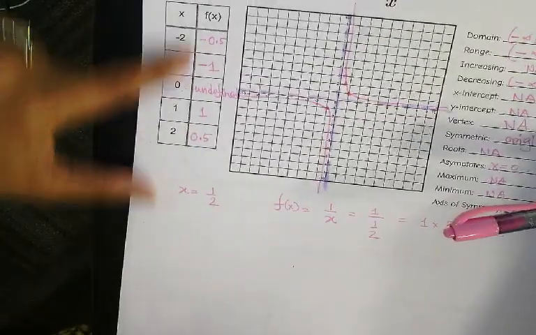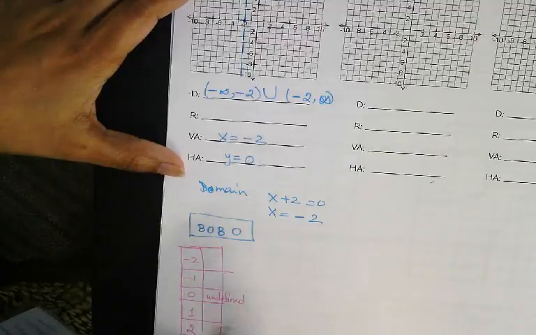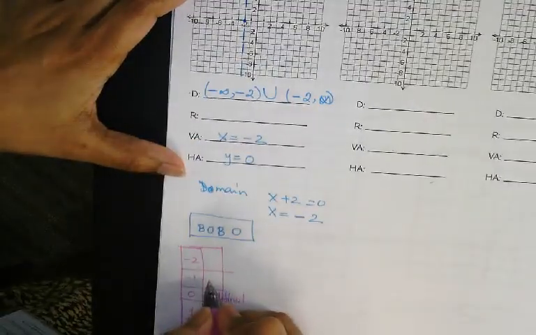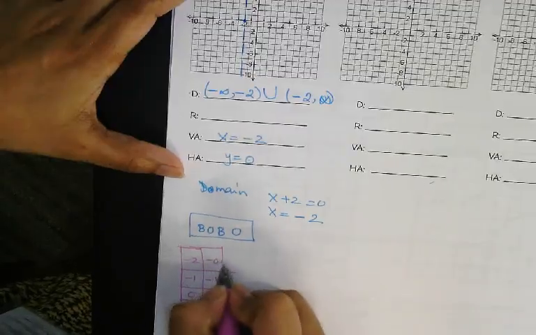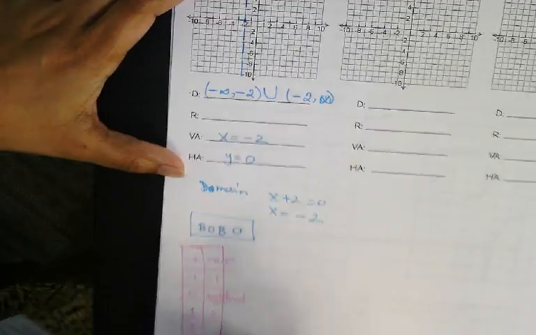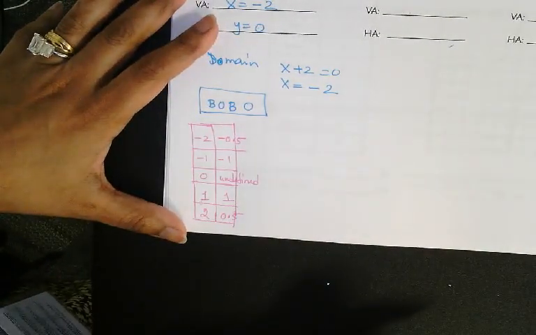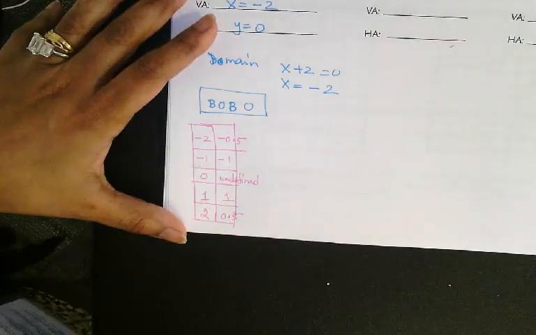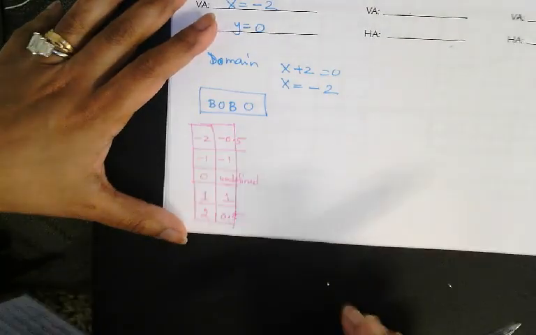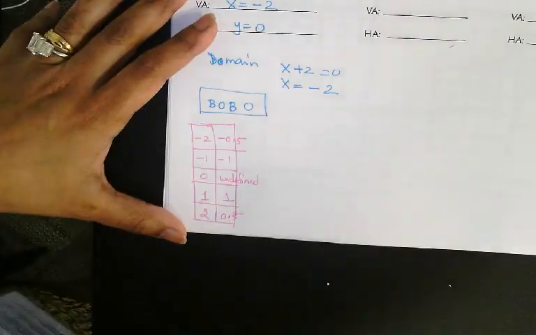I'm taking the table that we did on the very first page, the table that we did for the original graph. 0 is undefined. -1 is -1. -2 is -0.5. +1 was +1. And +2 was +0.5. It's the new table.